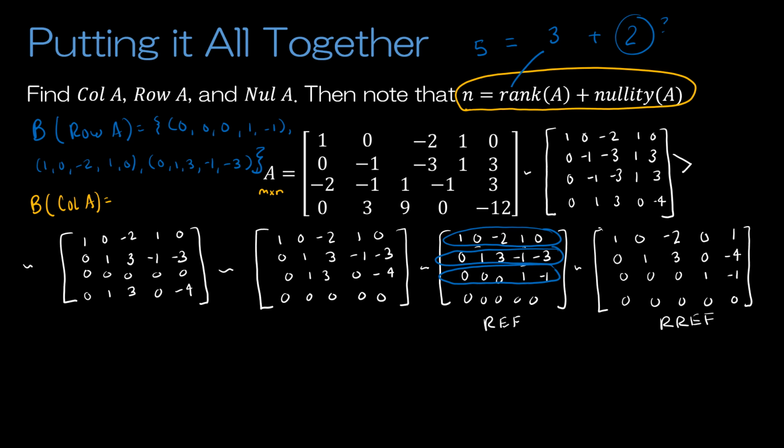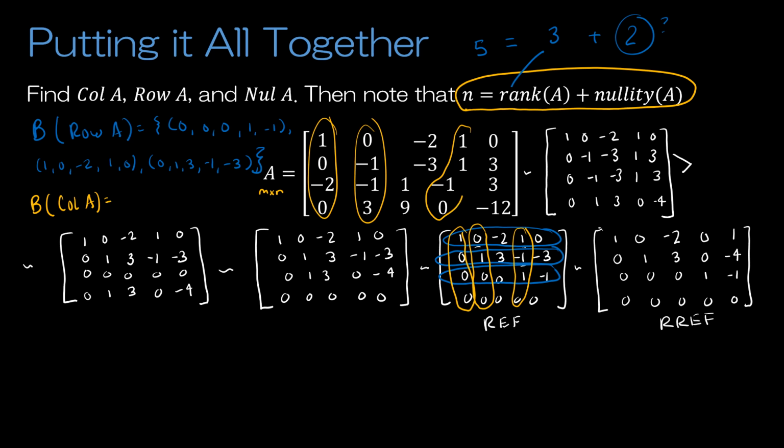The basis for the column space of A should be any of the columns that include the leading 1, which is 1, 2, and 4. So I'm going to use my original 1, 2, and 4.